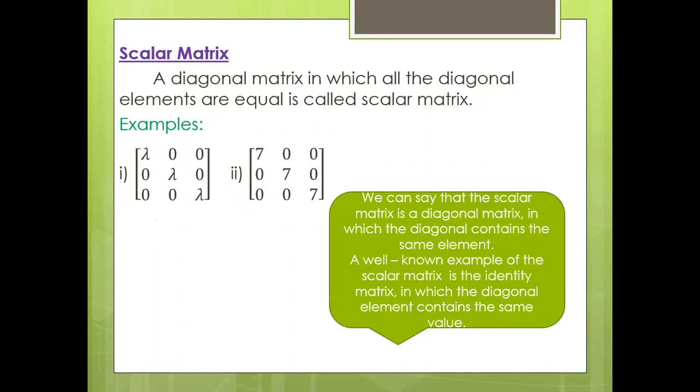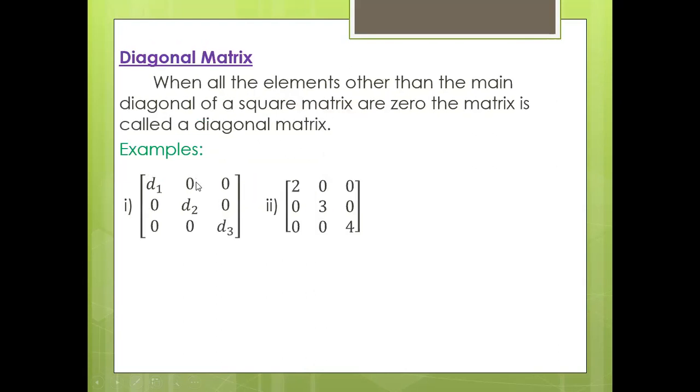Then scalar matrix. A diagonal matrix in which all the diagonal elements are equal is called a scalar matrix. In a diagonal matrix, the diagonal contains elements, but these elements are not necessarily equal.